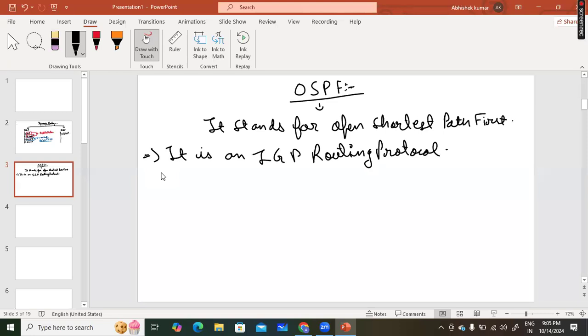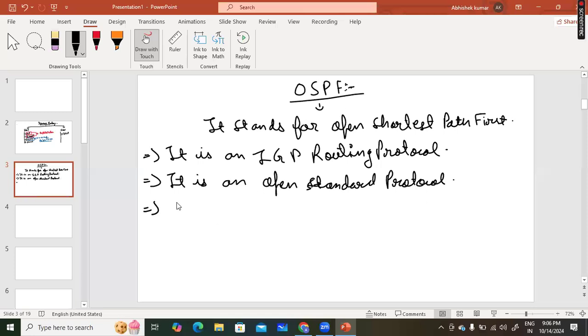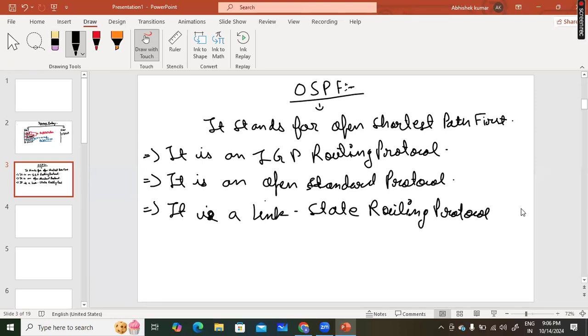Next, it is an open standard protocol. It is a link state routing protocol, which means an LSA protocol.